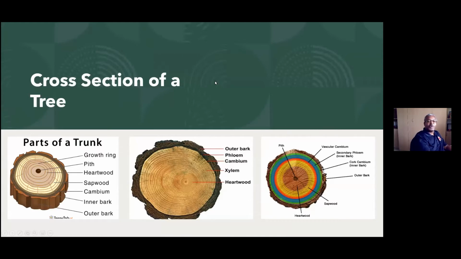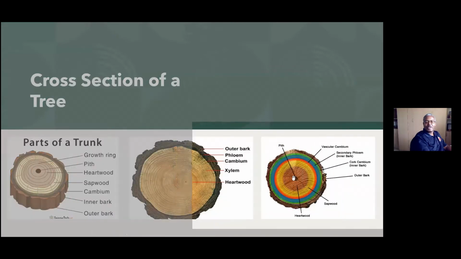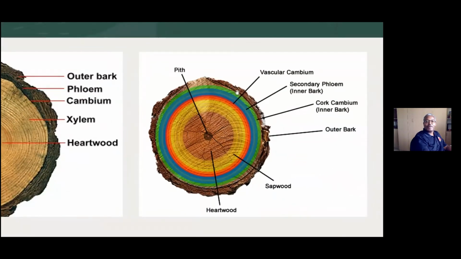To delve further into the tree, we're going to look at the cross section of a tree. In this illustration, you have three different images. Can you see my cursor? I'm going to be concentrating on this third one because it's more descriptive, and it also has the colors to show you the different rings inside of a tree.